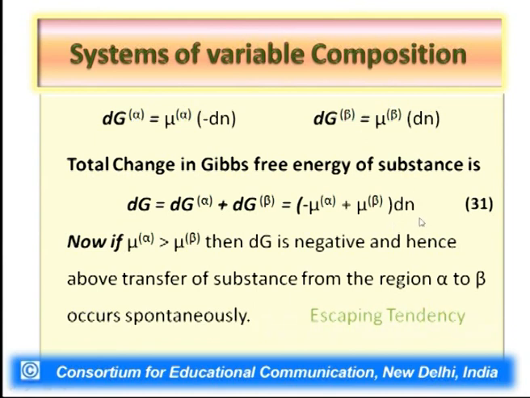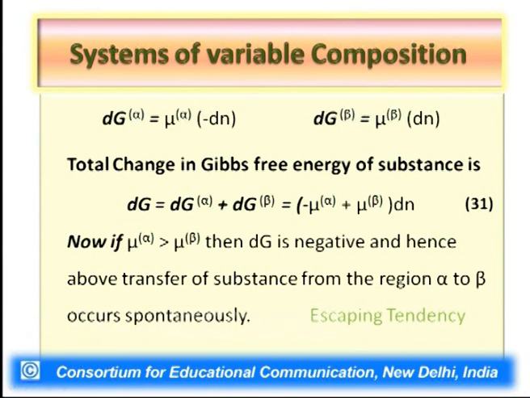Now, dN we have just said is a positive quantity, so dG is negative because it is the multiplication of one negative quantity in the bracket times the change in number of moles, the magnitude of amount transferred. Therefore, dG is a negative quantity and hence the above transfer of substance from region alpha to beta occurs spontaneously.